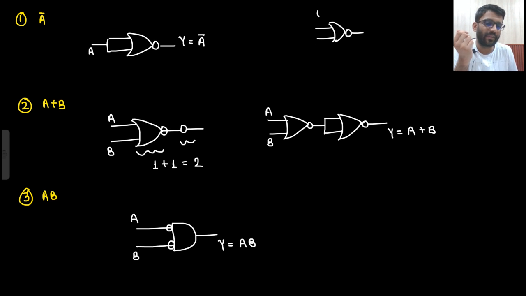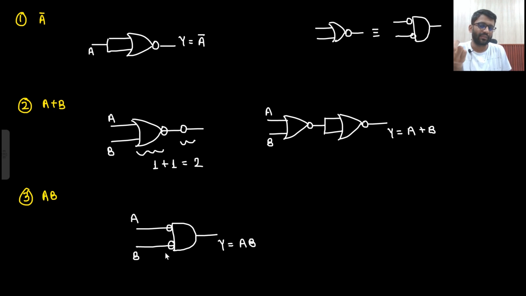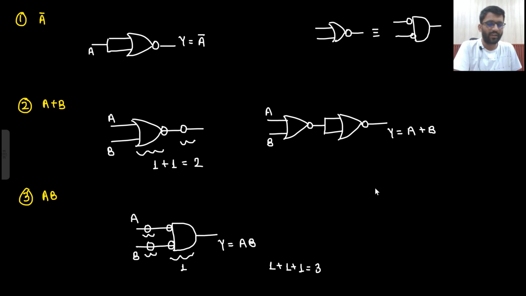This bubble will come upward, this bubble will come in front, and this gate will become a NOR gate. Okay, so this is a NOR gate. If I am introducing 2 bubbles from my side, I need to introduce 2 more bubbles. So 1, 2 and 3. The answer will be 1 plus 1 plus 1, which is 3. And you can make it on your own as well. How will you make it?